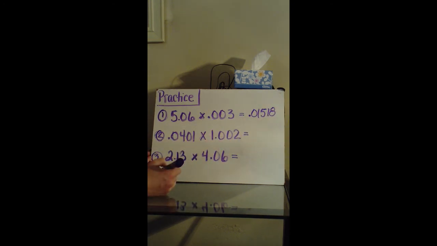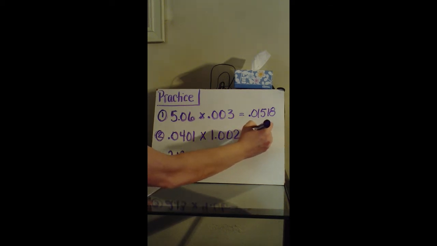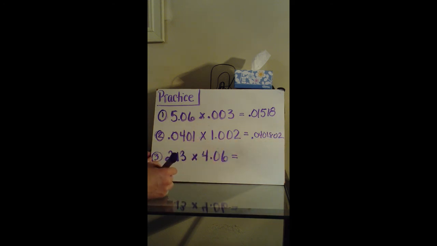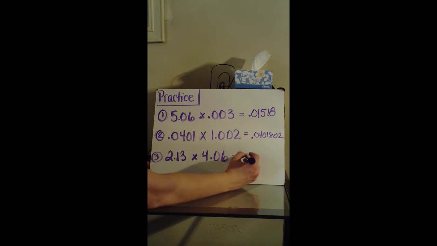Number 2, 0.0401 times 1.002 is equal to 0.0401802. And number 3, 2.13 times 4.06 is 8.6478.